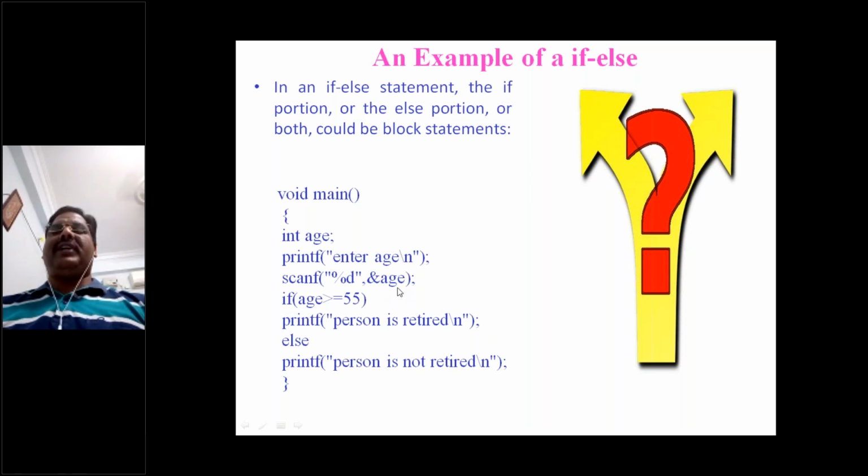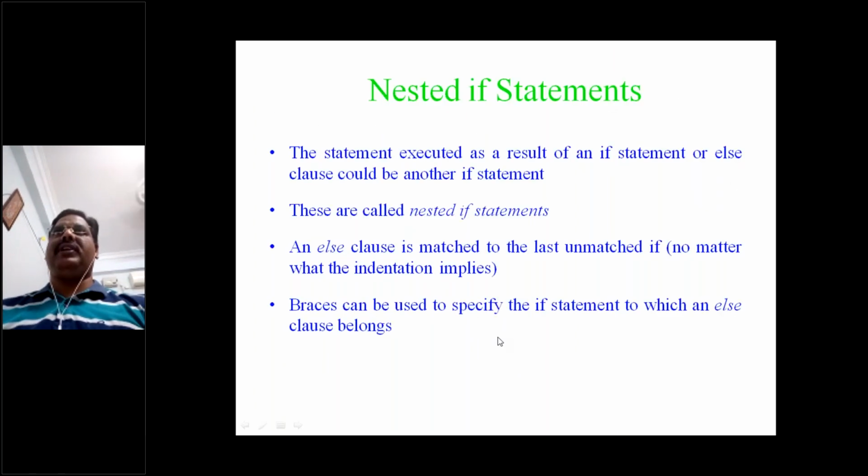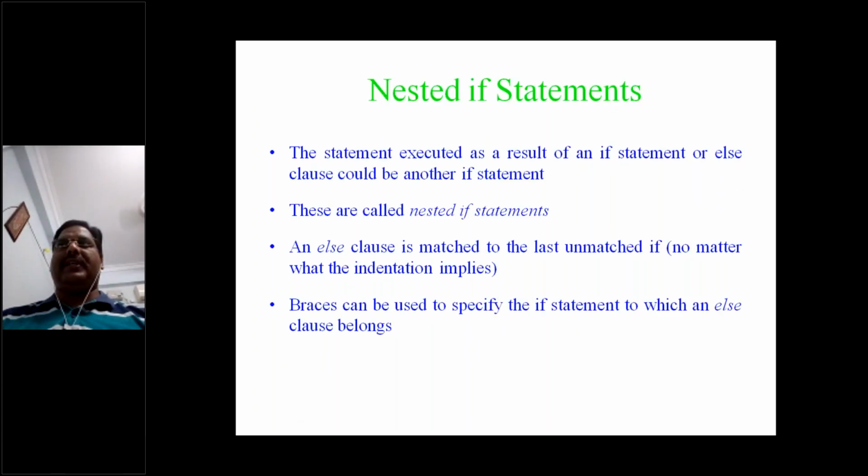Let us assume the age given here is 45. Then what will happen? Is 45 greater than or equal to 55? No, false. So it will go directly to the else block, that means the false block. Then it will print person is not retired. Okay, so this is how an if else statement works, right?